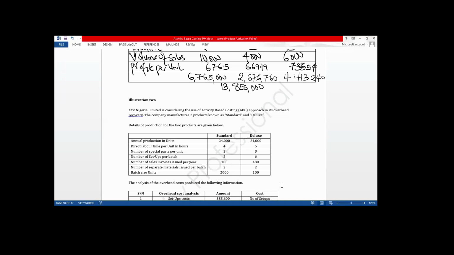If you look at the material shared, you have 200, but the correct figure should be 2,000. Please correct.